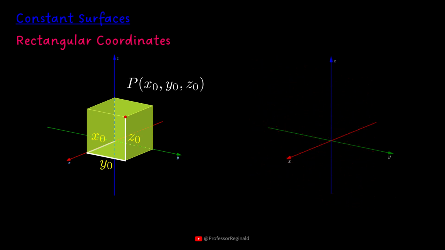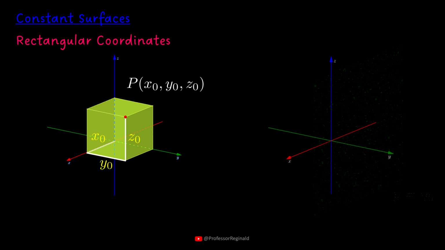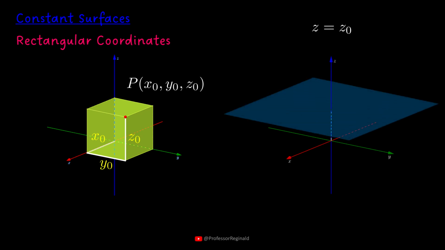The graph of y equals a constant y0 is a vertical plane, whose distance from the xz plane is y0. The graph of z equals a constant z0 is a horizontal plane, whose distance from the xy plane is z0.